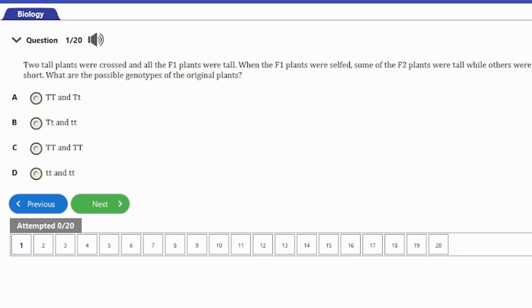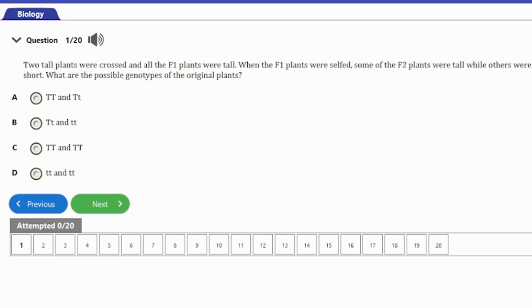So in short, stay till the end of this video. We are going to start with the first question. It says, two tall plants were crossed and all the F1 plants were tall. When the F1 plants were selfed, some of the F2 plants were tall while others were short. What are the possible genotypes of the original plants? We have A, homozygous tall and heterozygous tall.